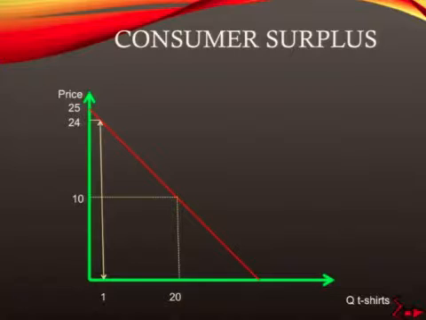But the first unit of quantity that had to be bought was me. And how much was I willing to pay for that first unit of t-shirt? You go up, wherever it hits the demand function, that measures the maximum price I'm willing to pay for it, right? So the first t-shirt, what is the maximum I'm willing to pay for it? $24, right? So that means I'm indifferent between $24 or having the t-shirt, right?